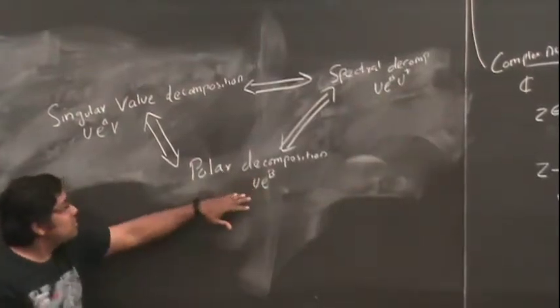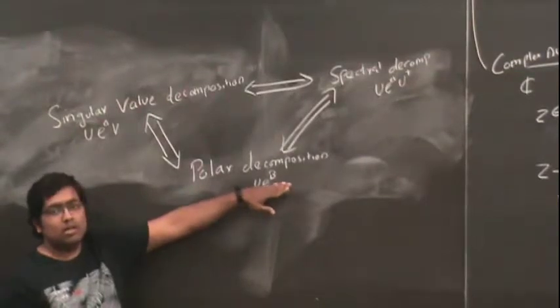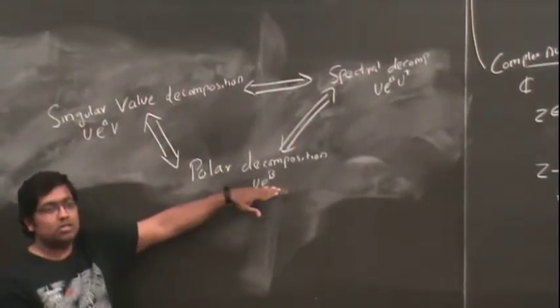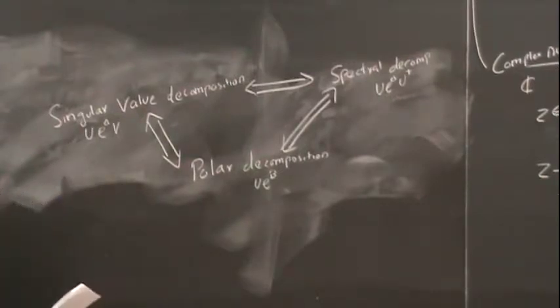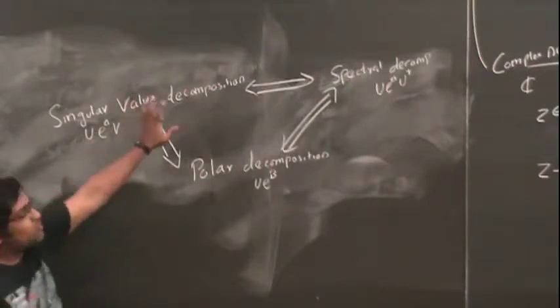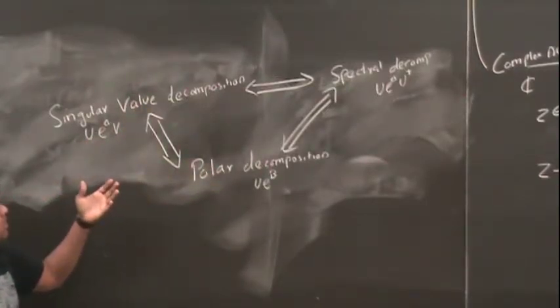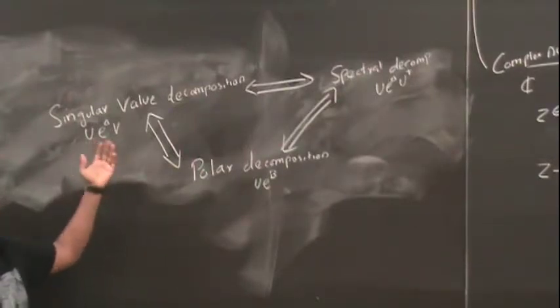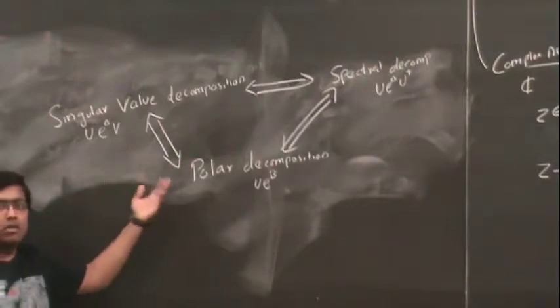And in polar decomposition, you can write a matrix as u times e to the t, where u is unitary and e to the t is the Hermitian part. We will see the generalization of each of these, so we can obtain decompositions similar to these from the general KAK decomposition.